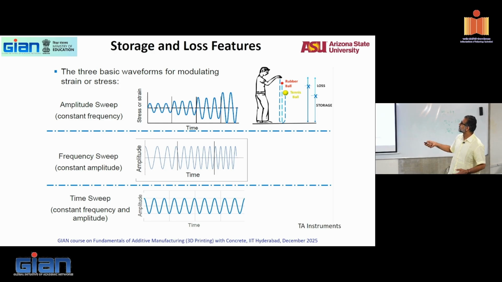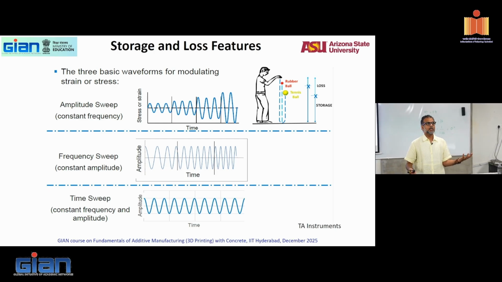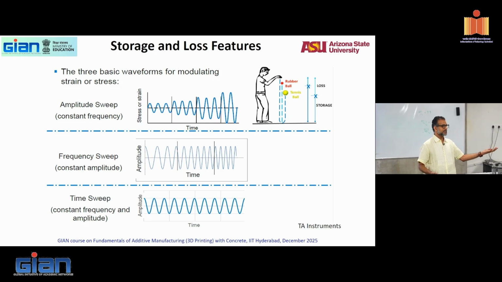Therefore, you have to look at the real part and the imaginary part. Any complex number will have a real part and an imaginary part. The real part we call the storage modulus. The imaginary part we call the loss modulus. And the complex modulus, the amplitude of that, is the square root of the sum of the squares, like you do with any complex number.